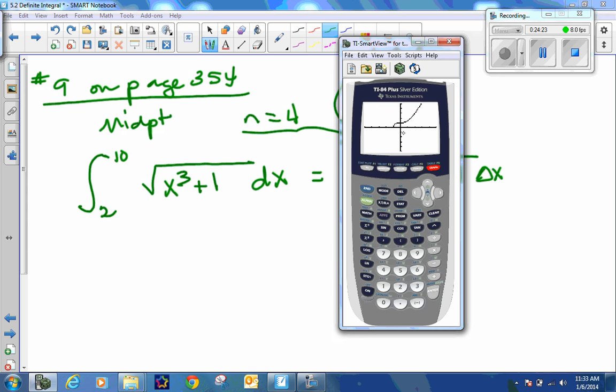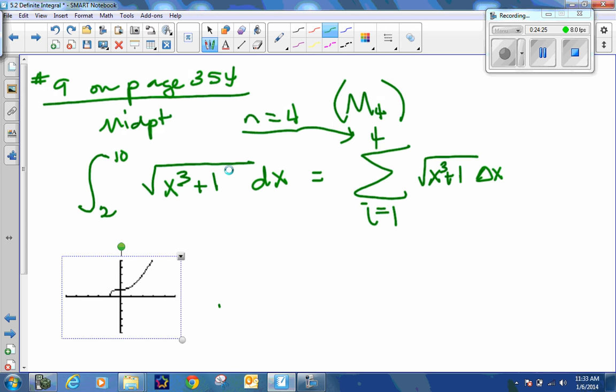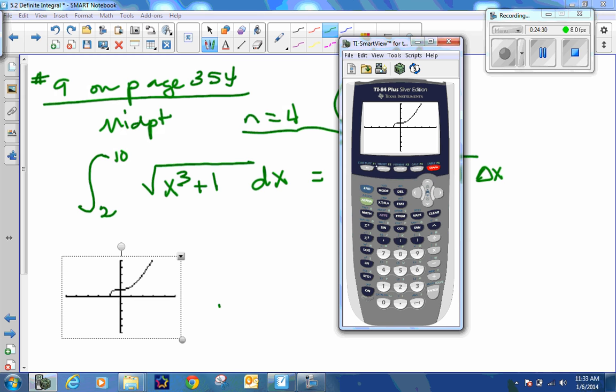Looks like that. We are going from 2, so I'm going to do 0 just for a visual. 2, 11. I'm going to go really past the 10. And then let's see what this looks like.